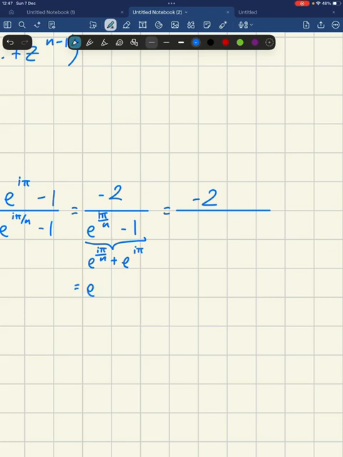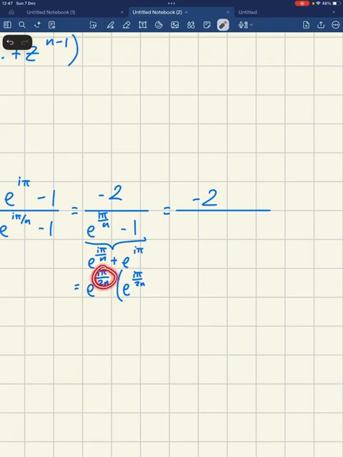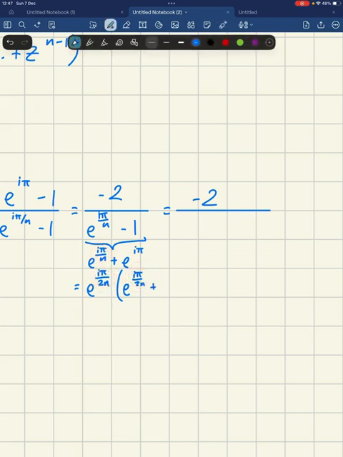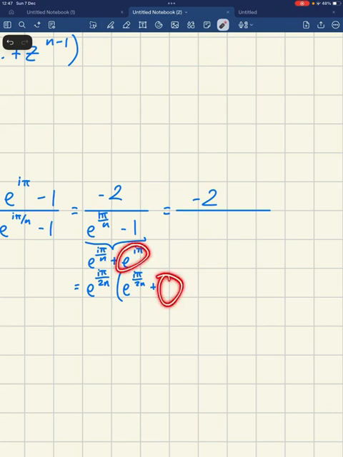So I think what we can do is if we factor out half of the power, so if we get i pi over 2n, here we're going to get e to the i pi over 2n, because then when we multiply it together, the indices will add together and we'll get this. But now if we add it to something, we want to get e to the i pi. So what is that something?